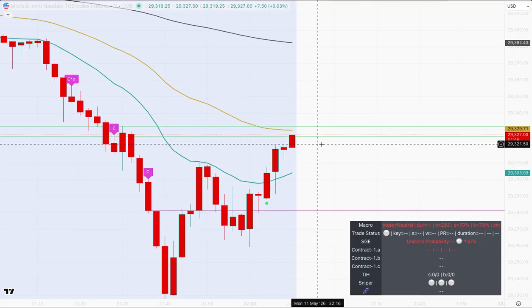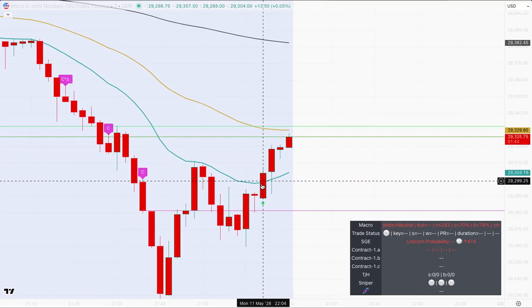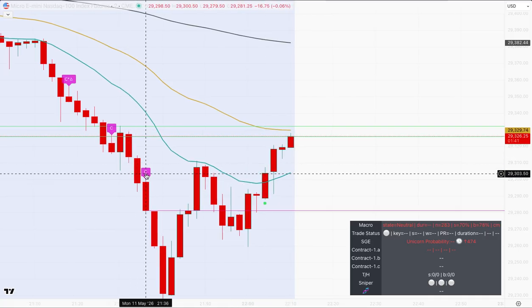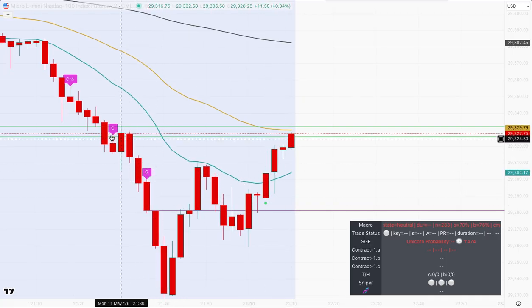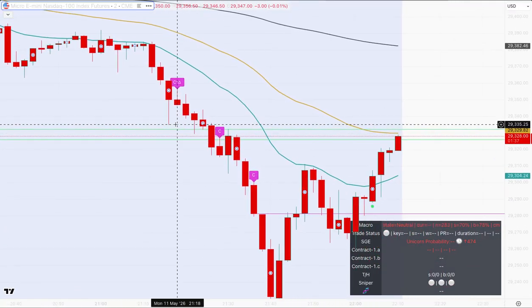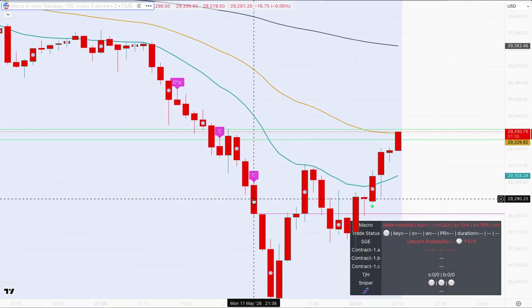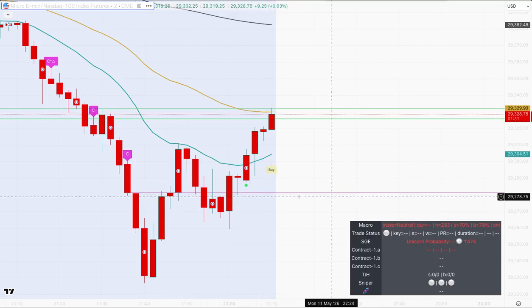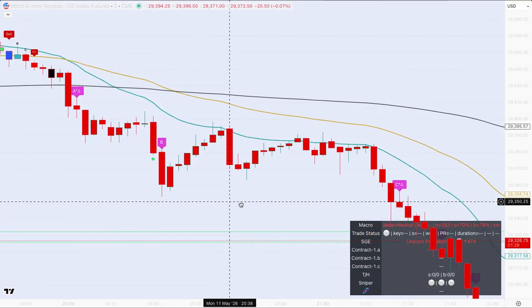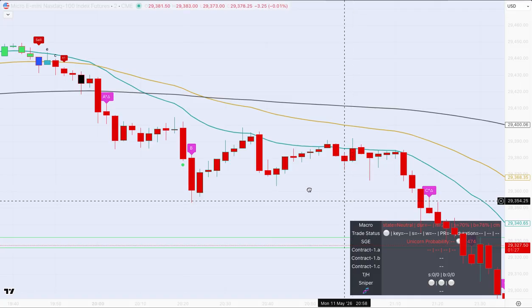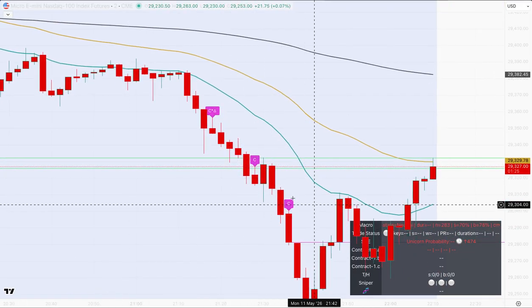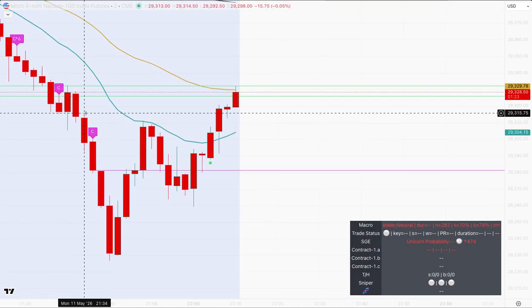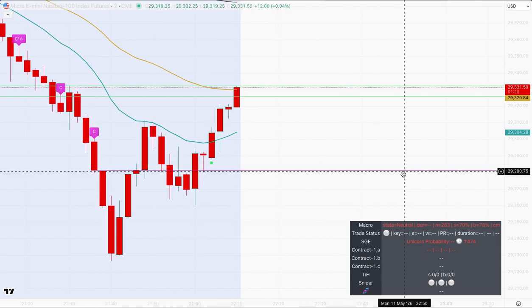So let's take a look at this for instance, right? This printed a strong confirmation on this PTC-C because when these PTCs are printing, it's also printing a rolling support and resistance. When it's A and B, you look for support. When it's C, you look for resistance. So technically, the resistance line is here.